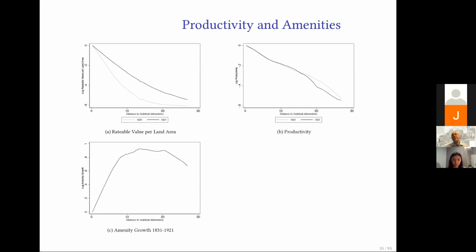And so this is consistent with the idea that as you build houses in Battersea and Wandsworth, you also build public libraries, roads, parks, and other amenities to make those places more attractive locations to live. And so we see both increases in productivity, particularly concentrated in the inner areas of London, and increases in amenities, particularly concentrated in intermediate inner suburbs relative to outer suburbs.